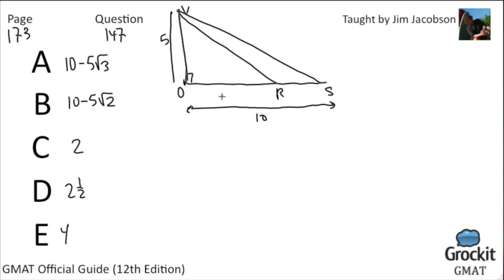Since these are right triangles, we can use our buddy, the Pythagorean theorem. VO squared, this distance here, plus OR squared will equal the square of the hypotenuse of this particular triangle.